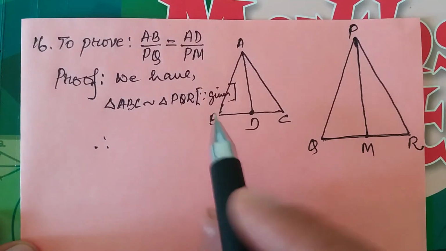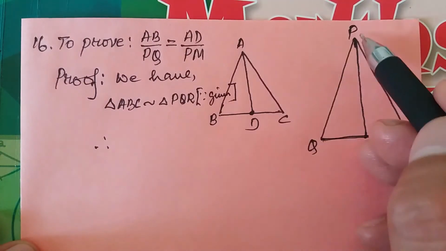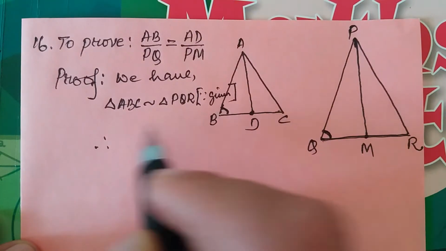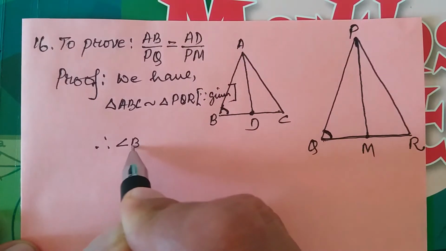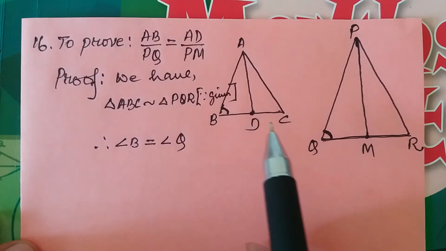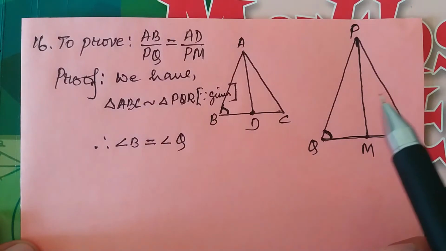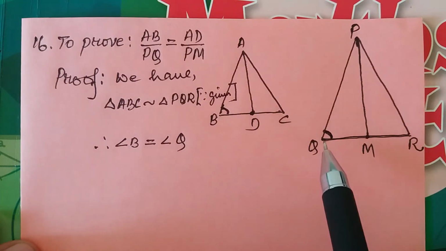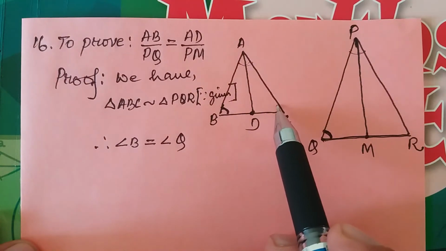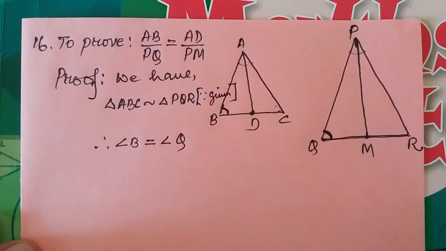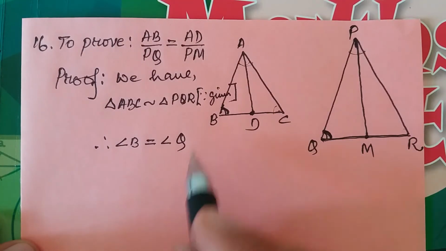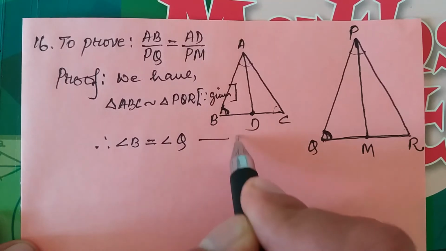Therefore, since these two triangles are similar, this angle and this angle will be equal. Angle B is equal to angle Q. If two triangles are similar, then the corresponding angles are equal. That is, angle A and angle P will be equal, and angle C will be equal to angle R. But here we're going to take this angle. Let's call this 1.